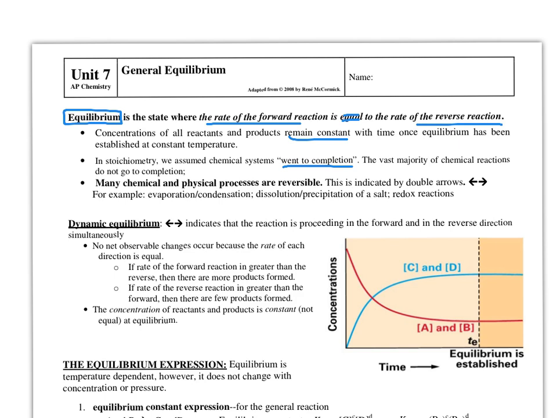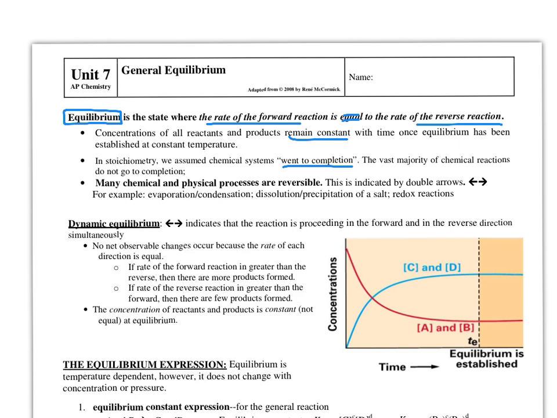Many chemical and physical processes are reversible. For example, evaporation and condensation: evaporation going from the liquid to the gaseous phase, and then condensation going back, gas to the liquid phase. Or dissolution to precipitation: dissolution is a salt dissolving, but then it can go back to a precipitate, or a solid.